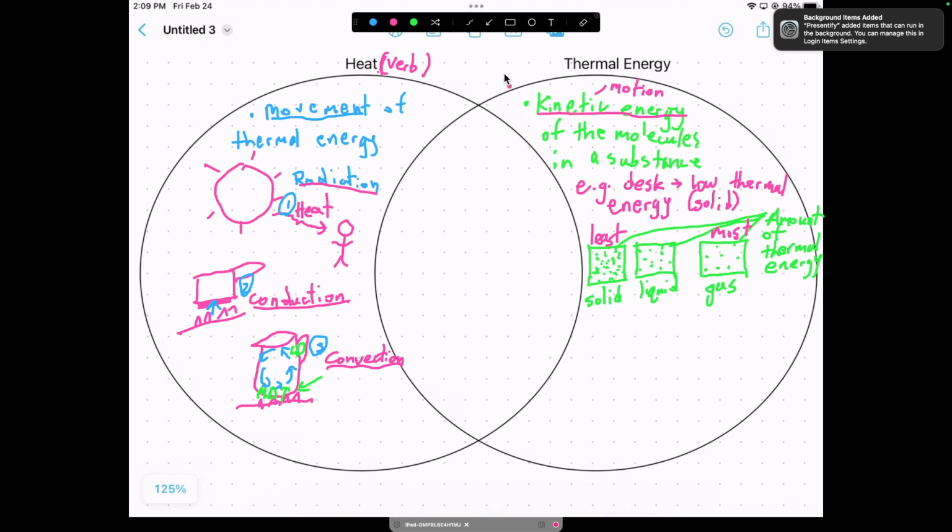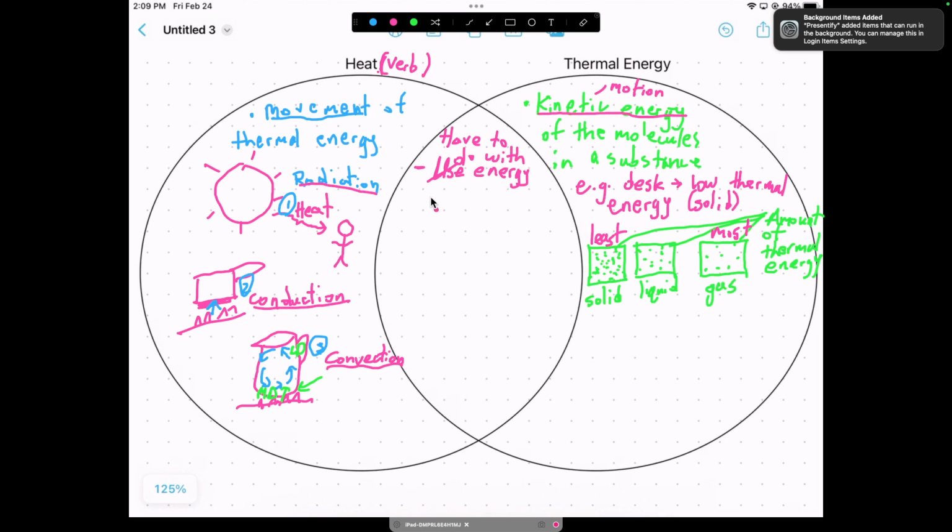So let's stop and think about what's similar between heat and thermal energy. Probably the big similarity between the two is that they both have to do with energy.